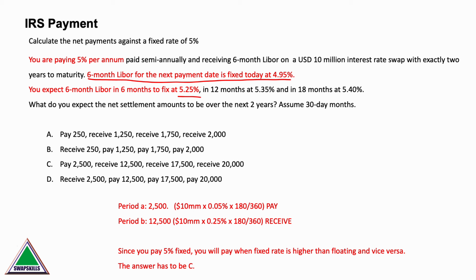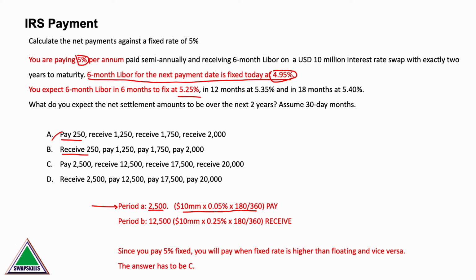Now, on the 4 options here, A, B, C and D, on the first period it's saying that you can either pay 250 or receive 250. Well, we know that the difference between 4.95 and 5% is a lot more than $250, because if you look down here in red for period A, $10 million times 0.05% or 5 basis points times 180 over 360, because it's 6 months, is $2,500.